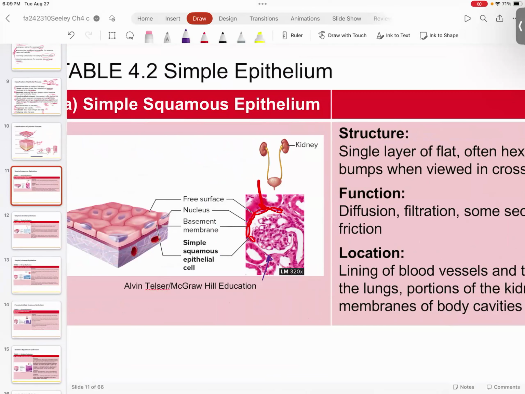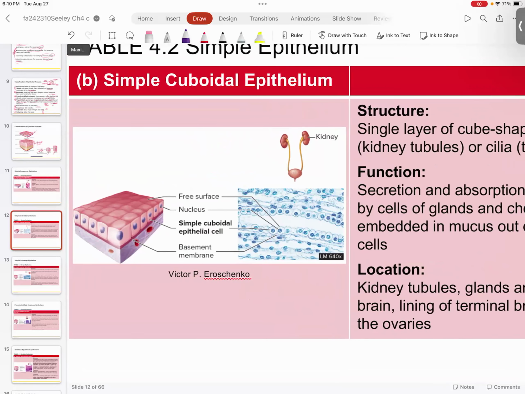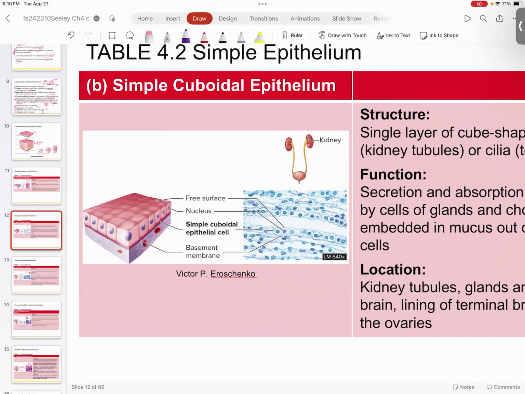So simple squamous are oftentimes hard to see because they're typically lining something else that you're paying attention to. And in addition to that, they oftentimes are very small as well. Now, simple cuboid is basically just that. It's one layer of cuboid cells. For instance, in this particular case, you can see the kidney tubules are clearly simple cuboids.